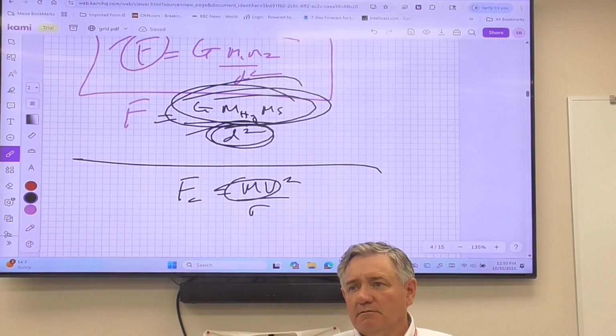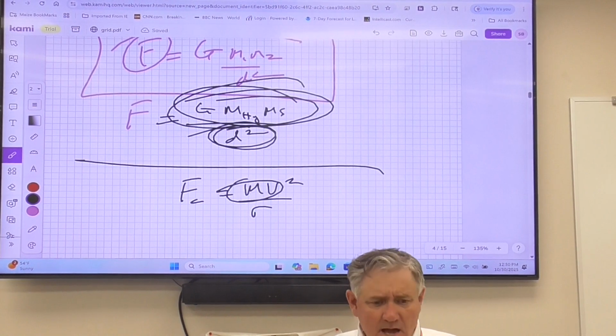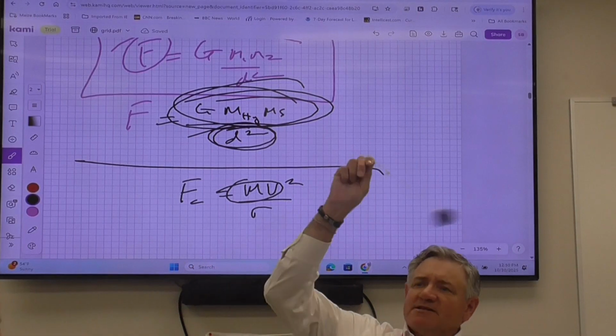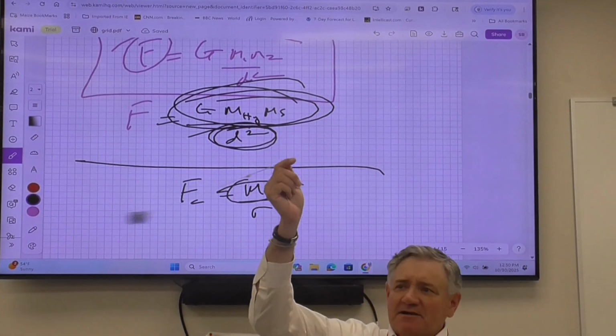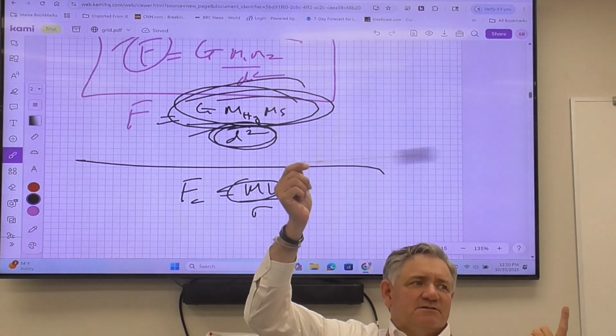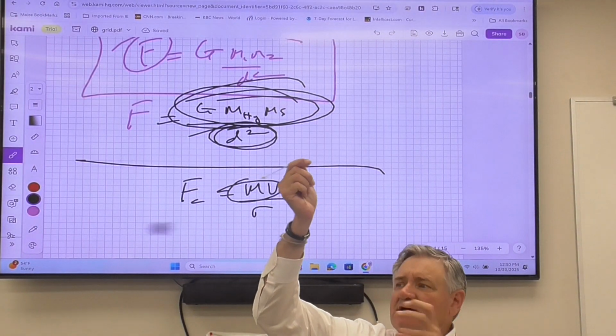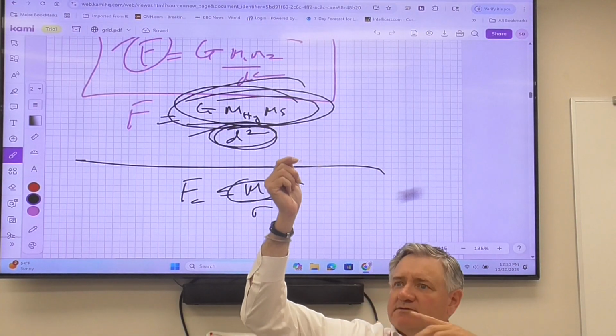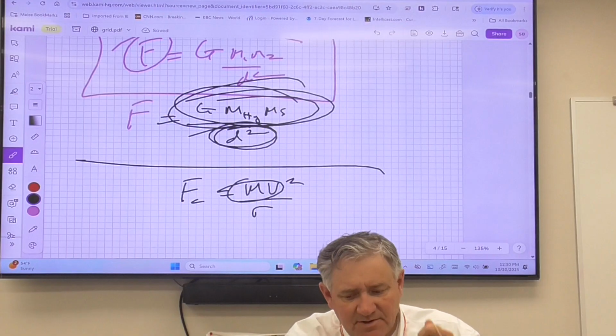Because centripetal force only acts on the object that's going around. If I were to calculate the centripetal force acting on this rubber stopper, I'm not going to use my mass. I'm not the one going around on the end of the circle. Same thing here. The Sun isn't going around Mercury. Mercury is going around the Sun. So that would be the mass of Mercury.